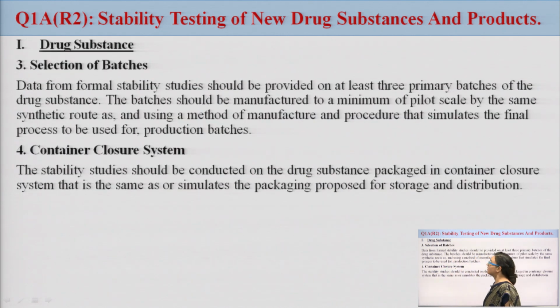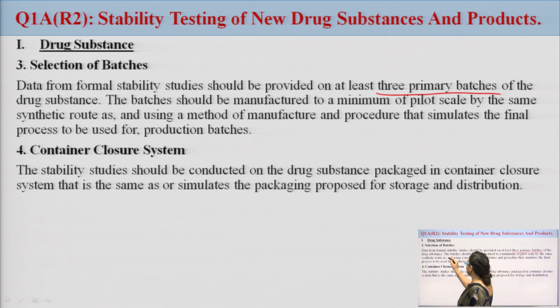So next thing is selection of batches. How we will select batches for stability testing. So for stability testing, we need at least 3 primary batches. These 3 primary batches are required to undergo stress testing, and this data is submitted for registration purpose.